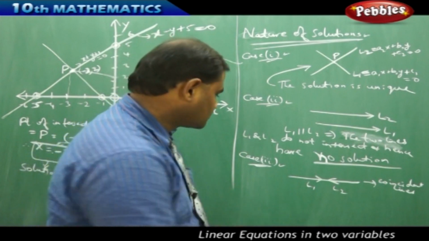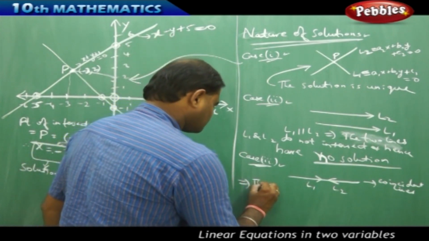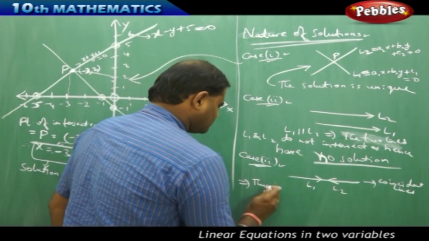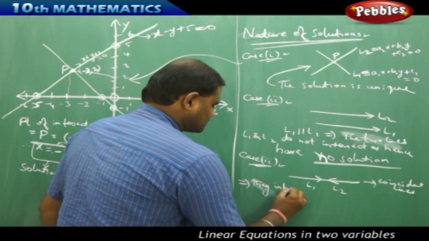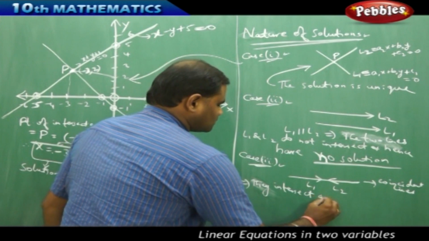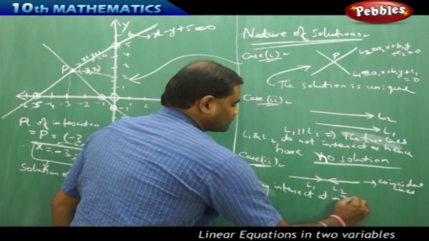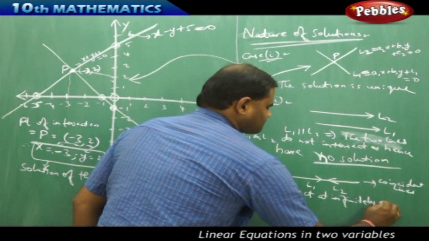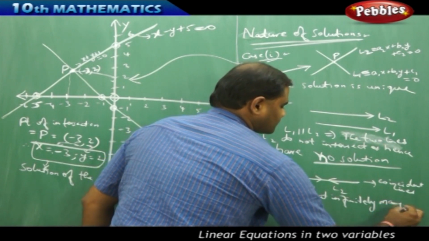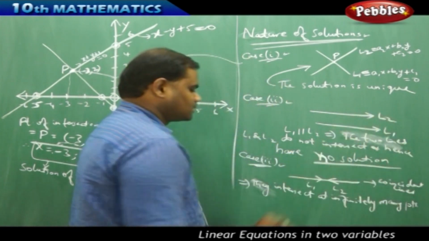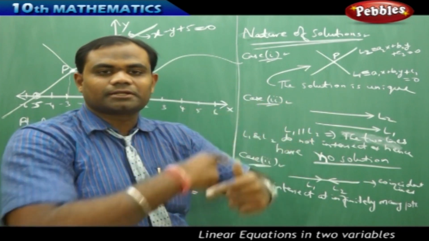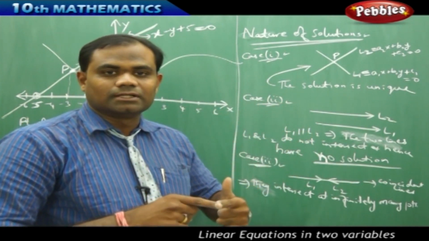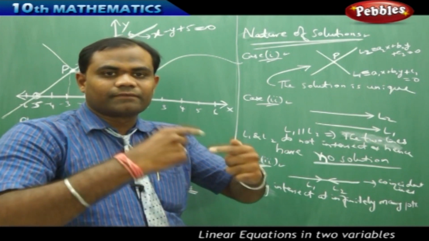The two lines intersect at infinitely many points. The lines L1 and L2 are said to be passing through each other infinitely many times, and hence mathematically they are said to be intersecting at every point.